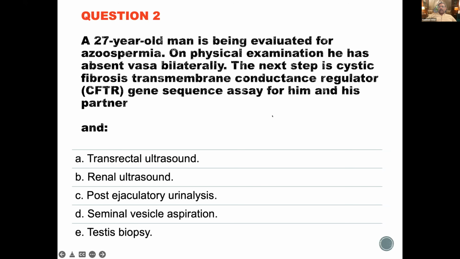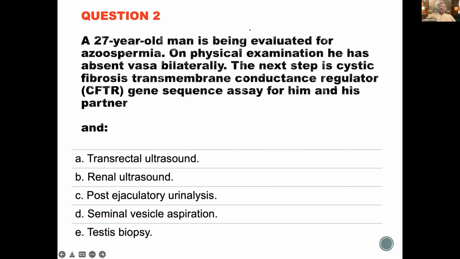Okay, you have 15 seconds to vote now. I am happy that the majority of the participants are voting. Okay, we can end the poll now.